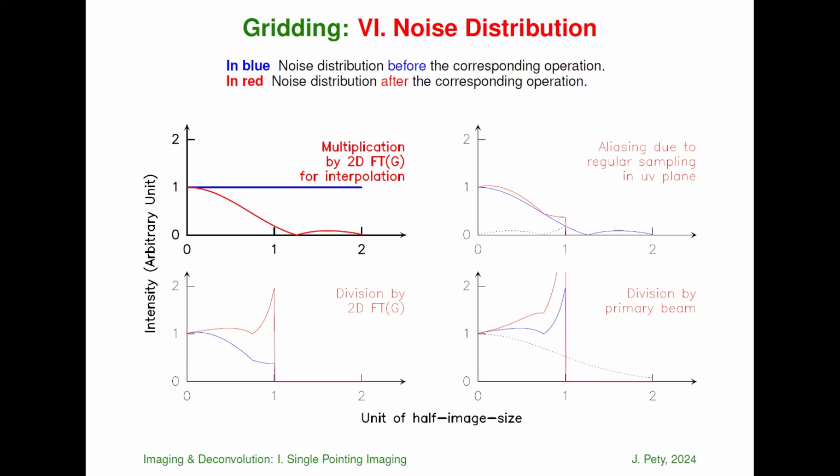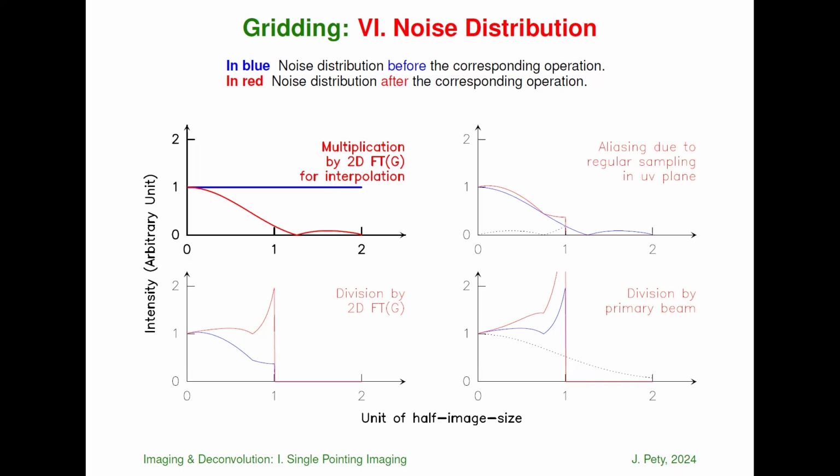But now you will make an image. By gridding, you will make several operations. The first one is that you will convolve the visibilities in the UV plane by the gridding kernel. The convolution in the UV plane is a multiplication in the image plane. A multiplication by what?